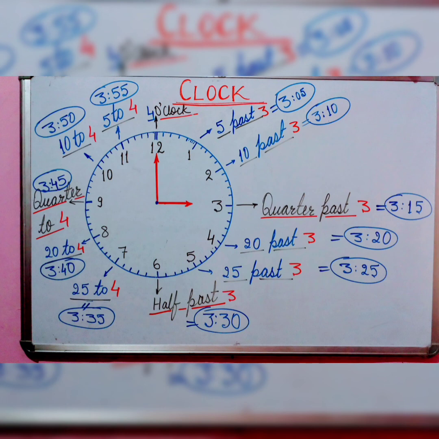It means 3:50. If the long hand is at 11, the time is 5 minutes to 4. It means 3:55. Okay, and if the long hand is at 12 and the short hand is at 4, the time is finally 4 o'clock. It means the long hand completes one complete round. Okay, thanks for watching.